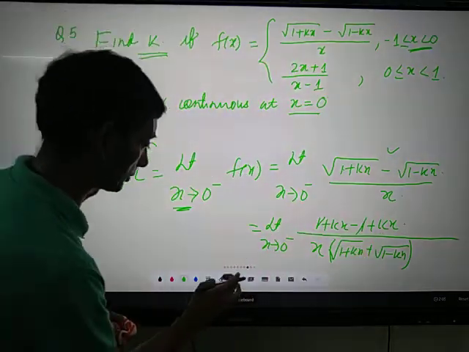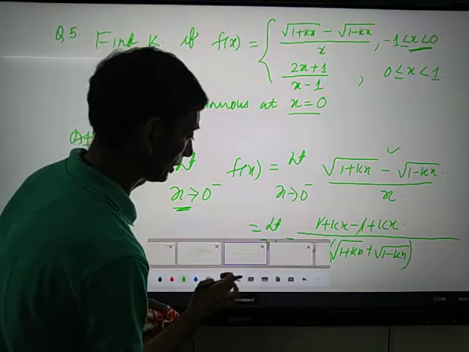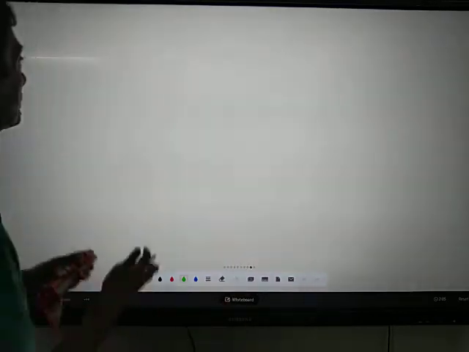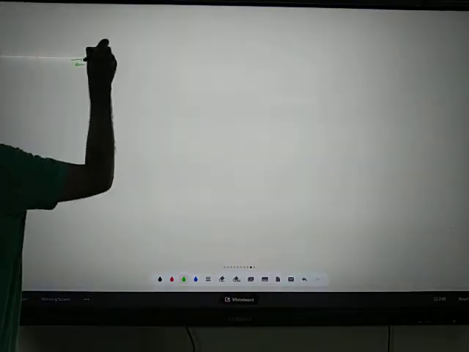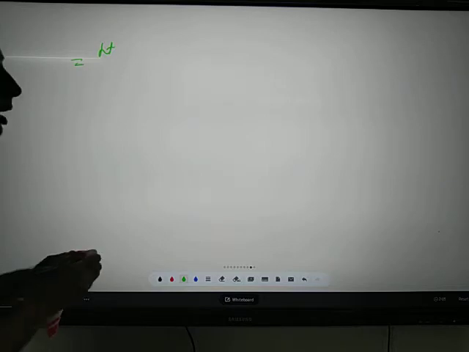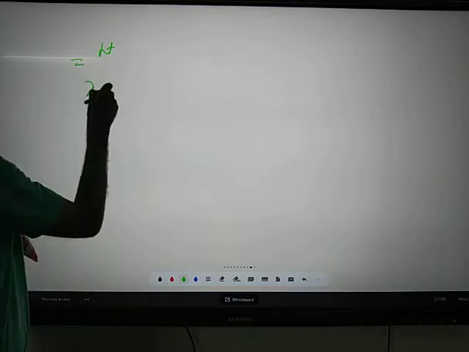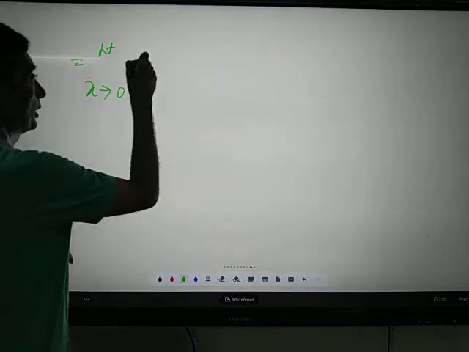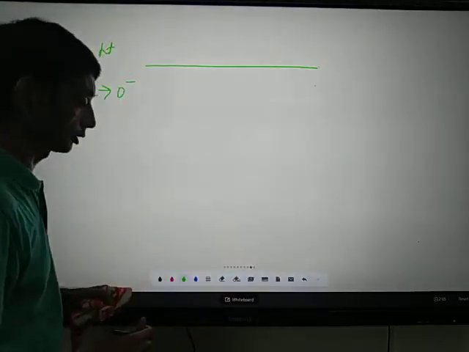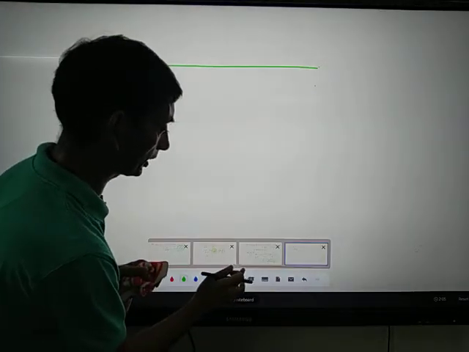What's the next step? You can just move to the next steps. Limit x tends to 0 minus.